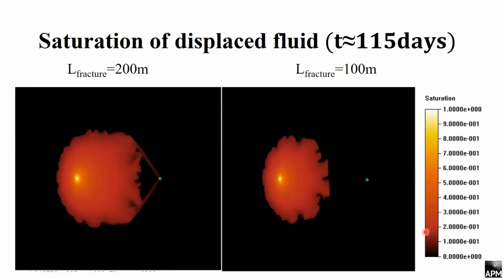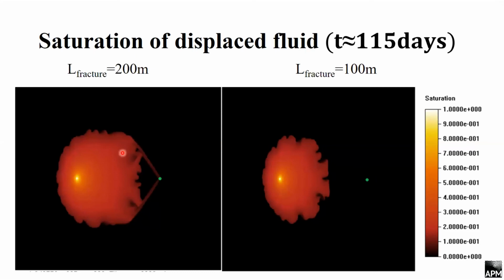Here we can see how the pattern of displacement has changed over time for each case. On the left, there is the fracture with length of 200 meters, and on the right side with 100 meters. You can observe the instability of displacement.